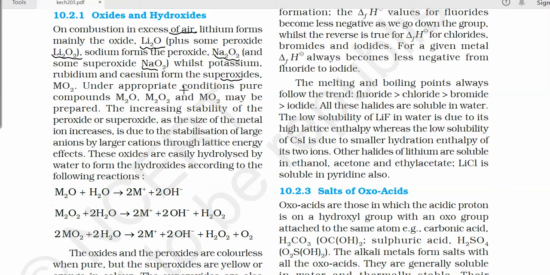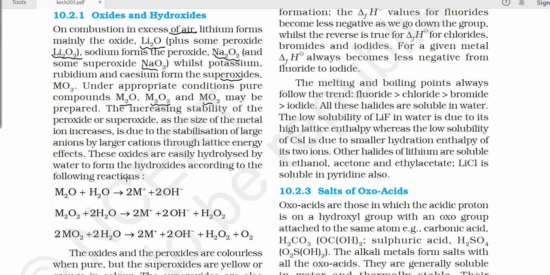Under appropriate conditions, pure compounds such as M2O, M2O2, or MO2 may be prepared. The increasing stability of the peroxides or superoxides as the size of the metal ion increases is due to the stabilization of large anions by large cations through lattice energy effect. These oxides are easily hydrolyzed by water to form the hydroxide.